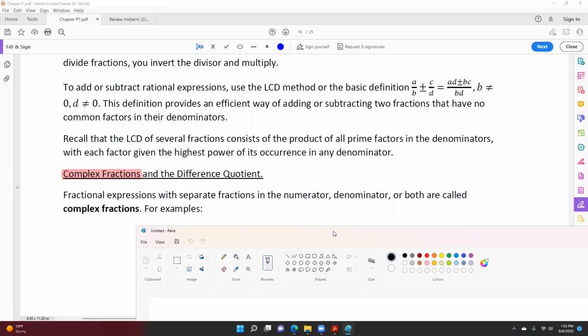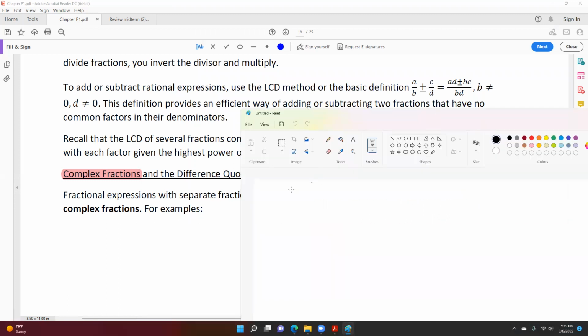So an example of a complex fraction will be like you got a fraction, a rational, something like this, and then you have it over another fraction. So this is what we call a complex fraction.